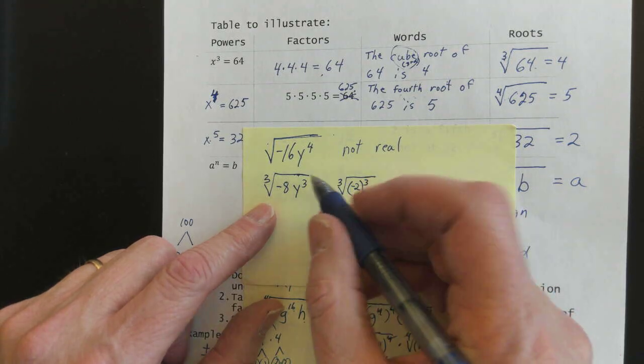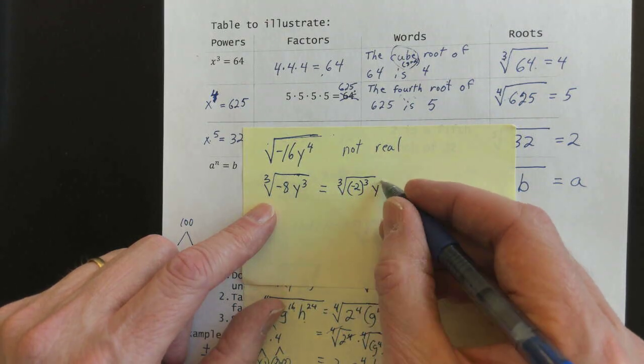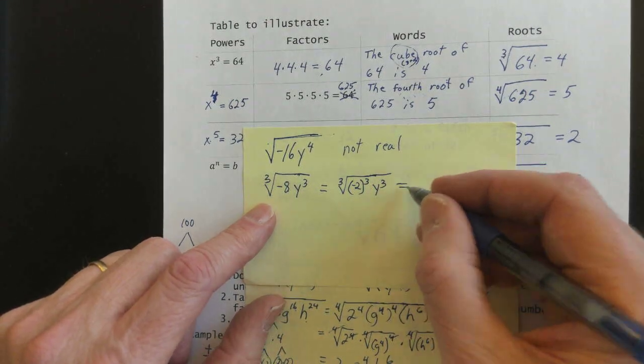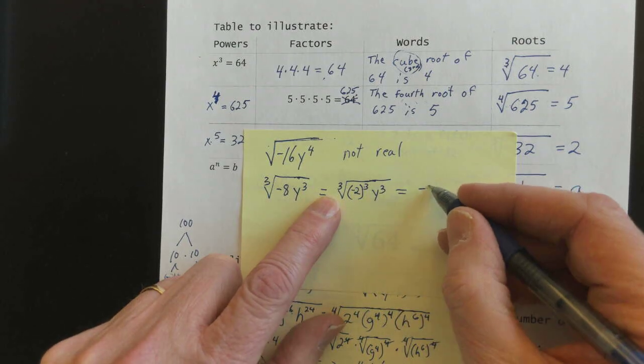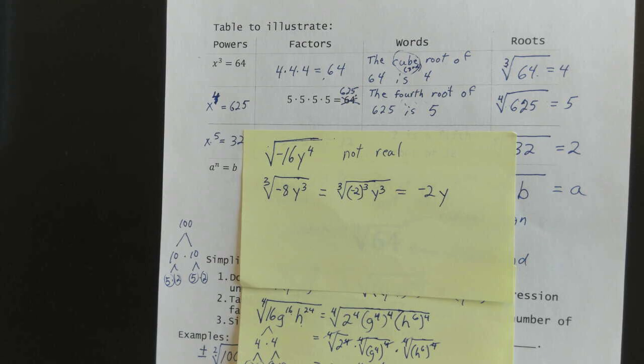Negative 2 to the 3rd power is negative 8. So the cube root of negative 8 is negative 2, and the cube root of y to the 3rd is y. All right? So that's doable. All right, one more. Nah, I'm not going to do one more.